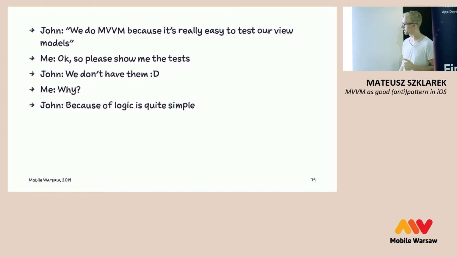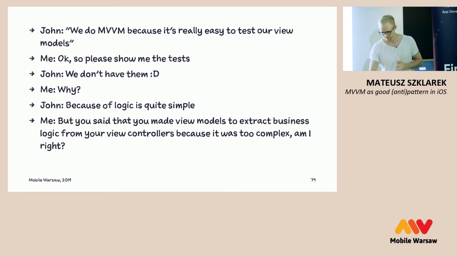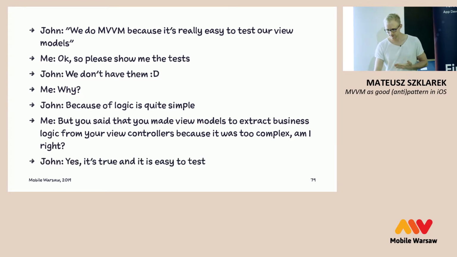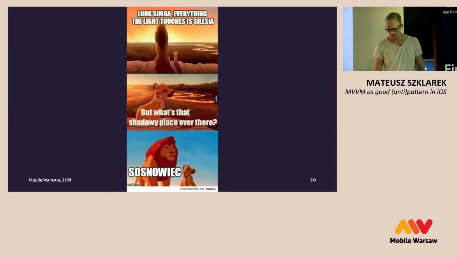Because the logic is quite simple. But you said that you made view models to extract business logic from your view controller because it was too complex. Am I right? Yes, it's true, and it's easy to test. It always sounds like this when I hear the argument about testing view models. So it's not a good way, definitely.